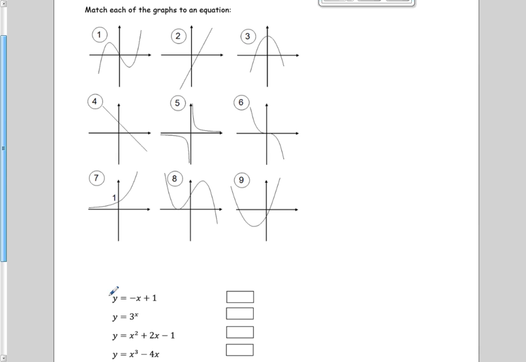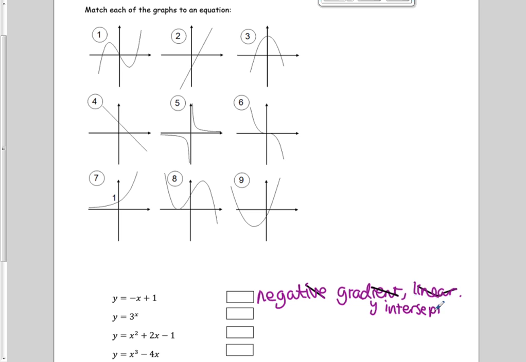So if I have a look at this first equation, I have a negative gradient. I know that because I have a minus there. I also know that it is linear, and I know that the y-intercept is at +1.